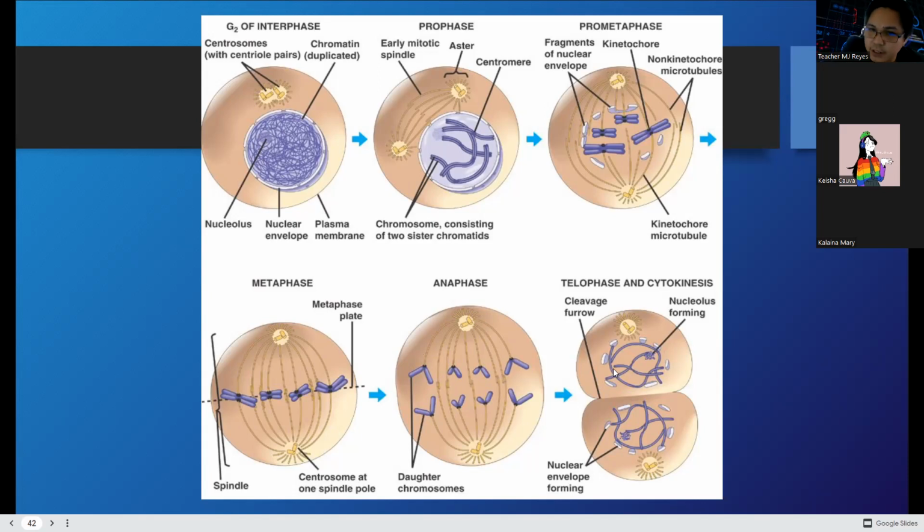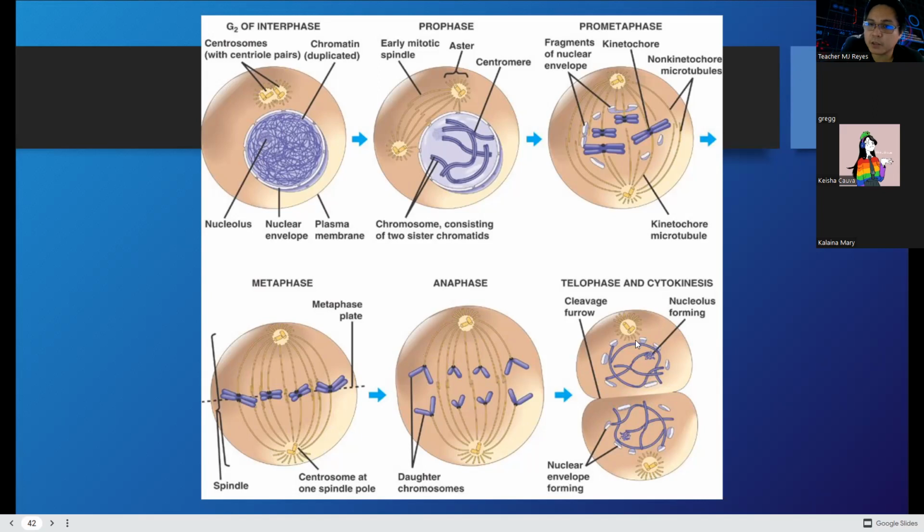And telophase. Telophase is the final stage of cell division, by which it forms a cleavage, going to cytokinesis for the forming of new cells, two new daughter cells. As you can see, the nuclear envelope is starting to form.